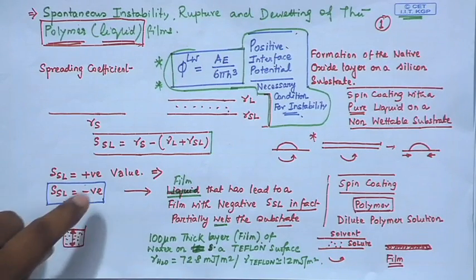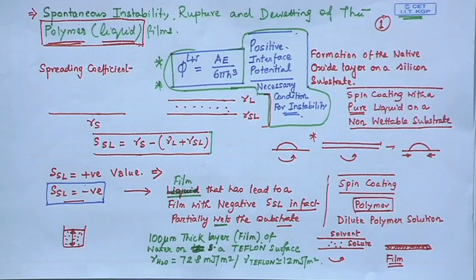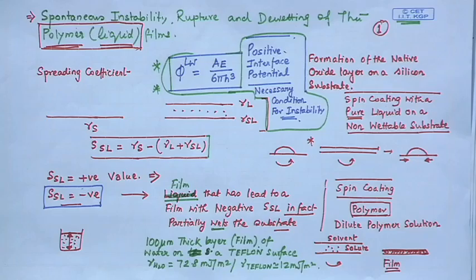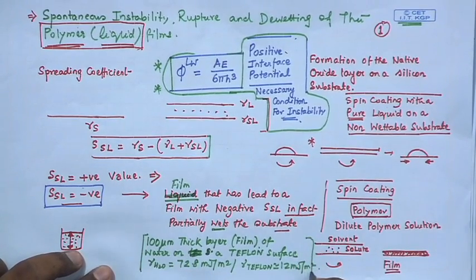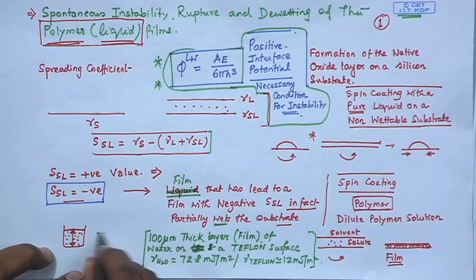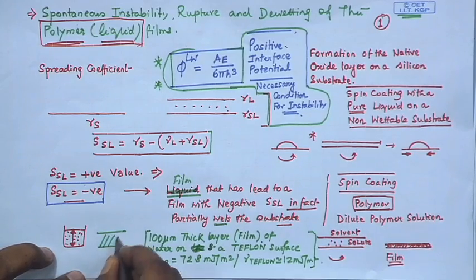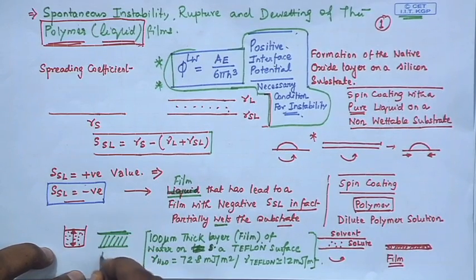Plug in the values, even if you assume the interfacial tension is of the order of 5 or something like that, you are going to have a significantly negative value of spreading coefficient. So, based on spreading coefficient, this thick layer of water on Teflon is going to be unstable.